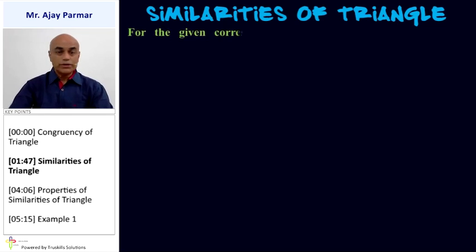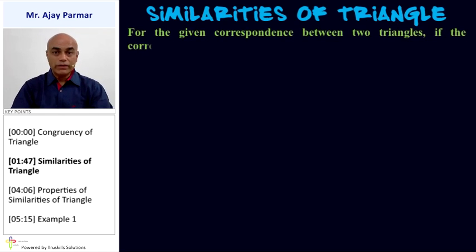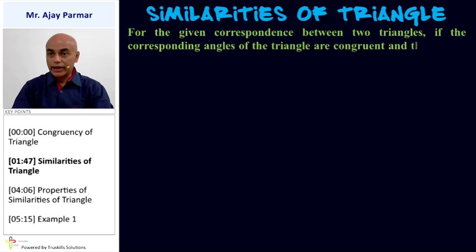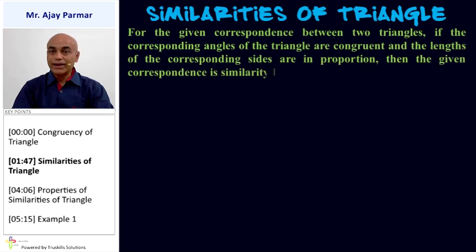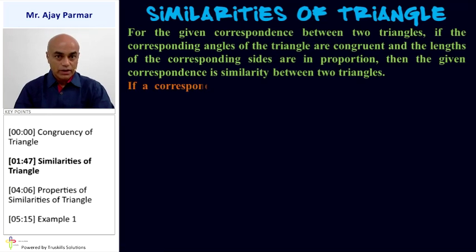First of all, from the definition point of view, for the given correspondence between two triangles, if the corresponding angles of the triangle are congruent and the lengths of the corresponding sides, instead of congruent, are in proportion, then that given correspondence is a similarity between the two triangles, and the triangles will be called similar triangles.